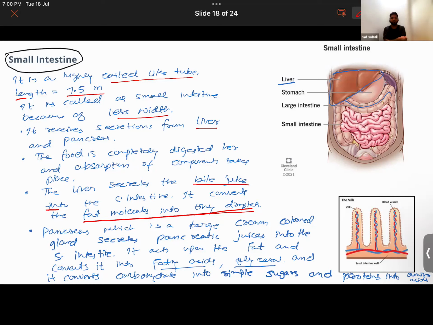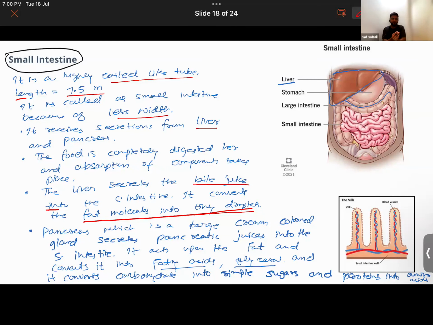So a food which is high in oil content, the fat floats above it. You see the tiny droplets, they are visible in drop-like structures. So that is being referred to here. Now, what does the pancreas do, guys?